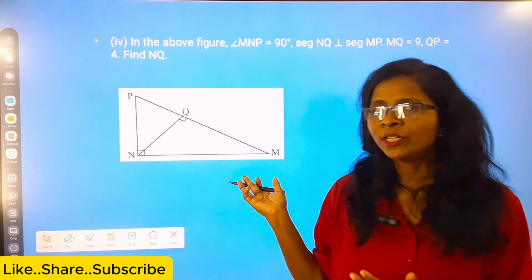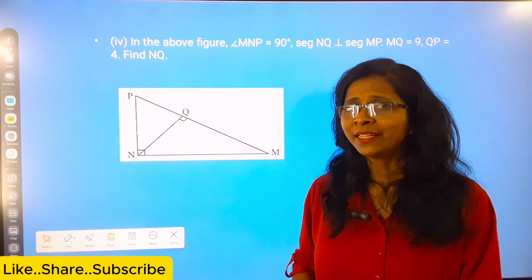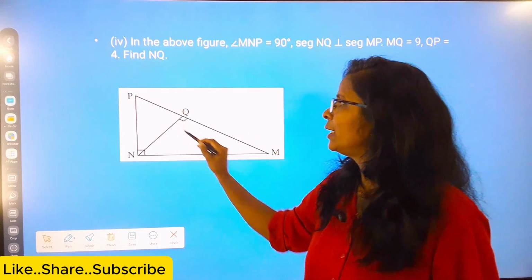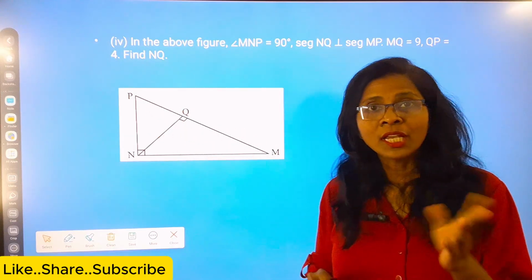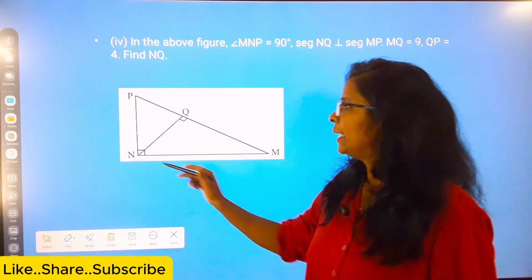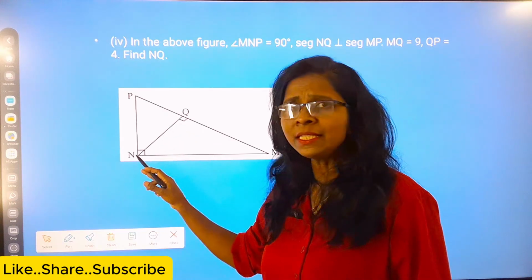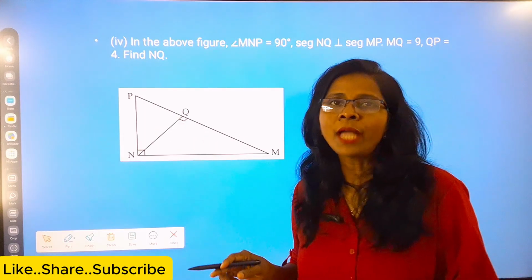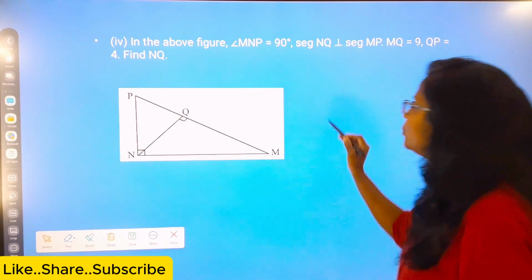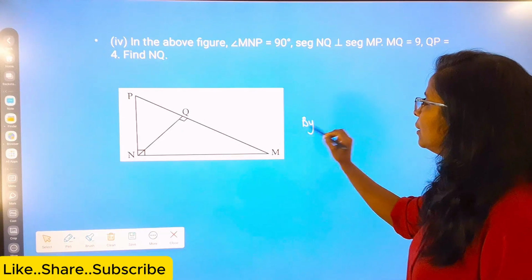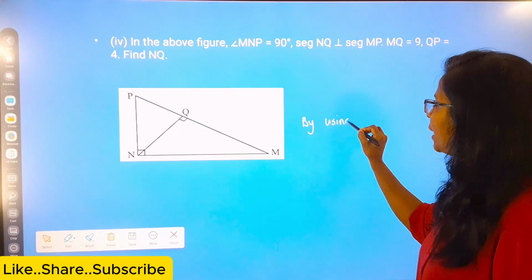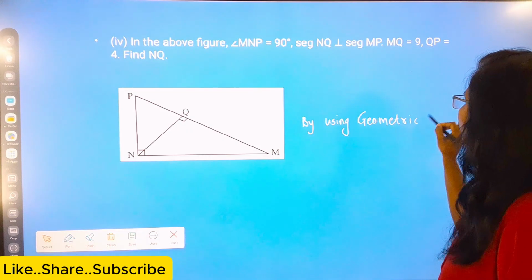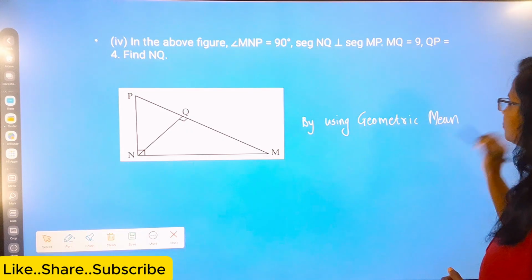Now by observing the figure, we can understand that it is a right angle triangle, and here also there are two right angle triangles. And here there is a line segment which is perpendicular to the hypotenuse, so we can use the geometric mean theorem.